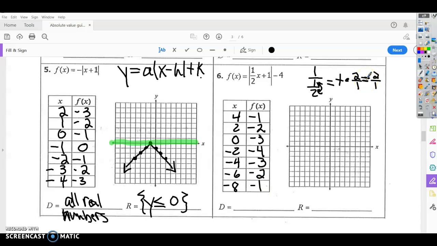All right, so looking at this, we're going to go positive 1, 2, 3, 4, -1. All right, so I'm going to go over 2. And then I'm going to go 0, 1, 2, 3. And then -2.